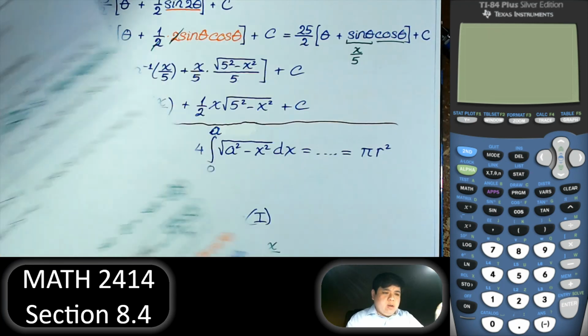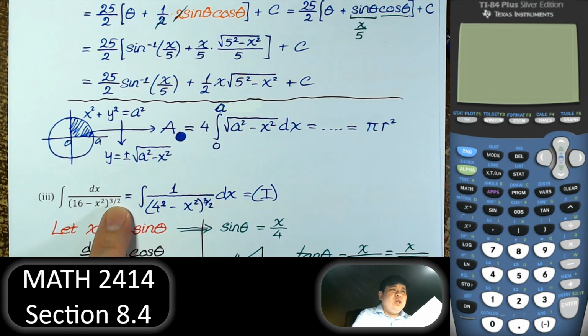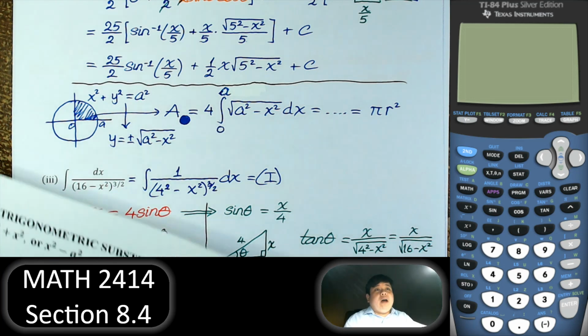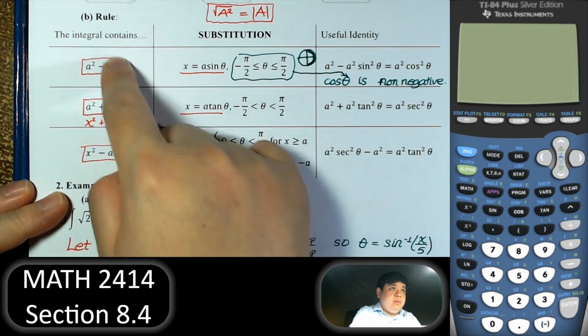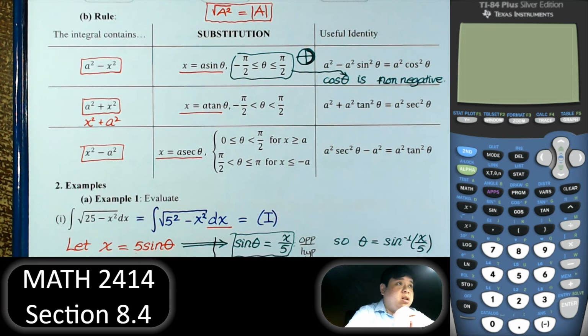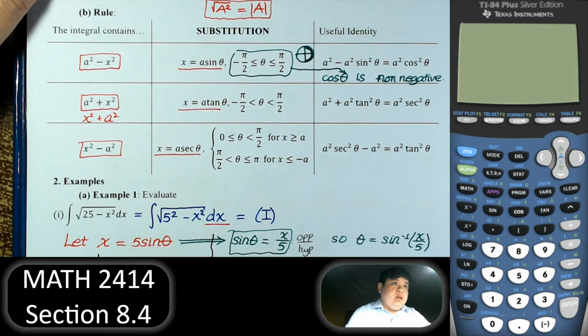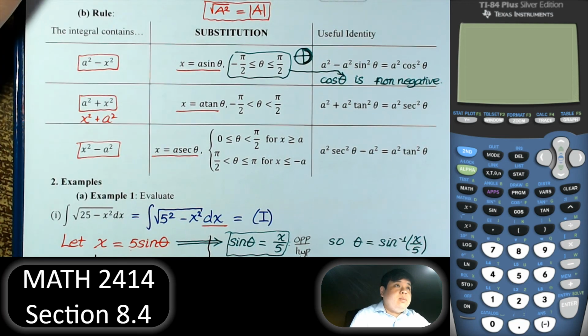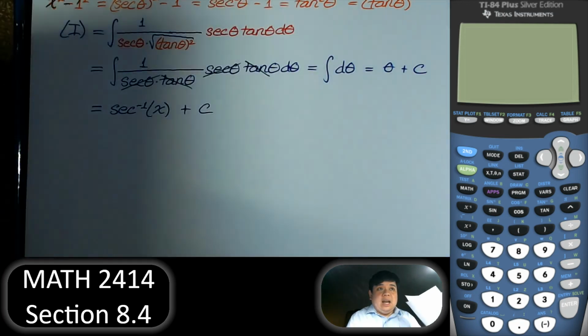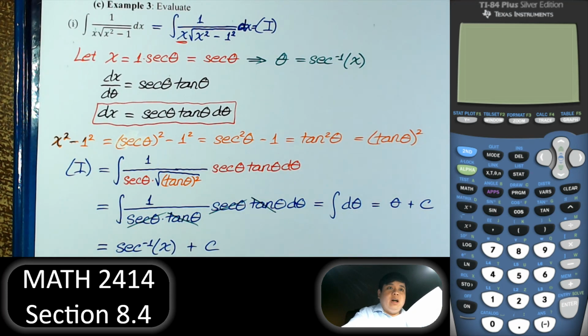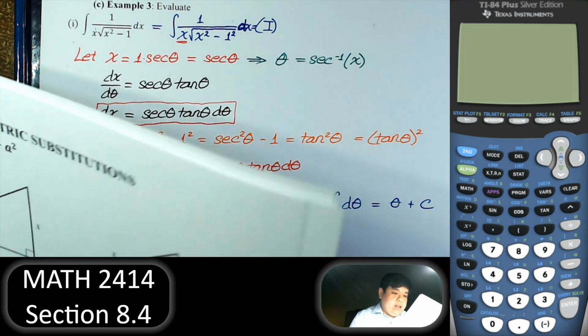Not only square root, sometimes we have something like a 3 halves power. So the bottom line is we have a constant square and then x square, and depending on the combination, we use the equivalent substitution. And like I said, we just have to stick to the rule here.